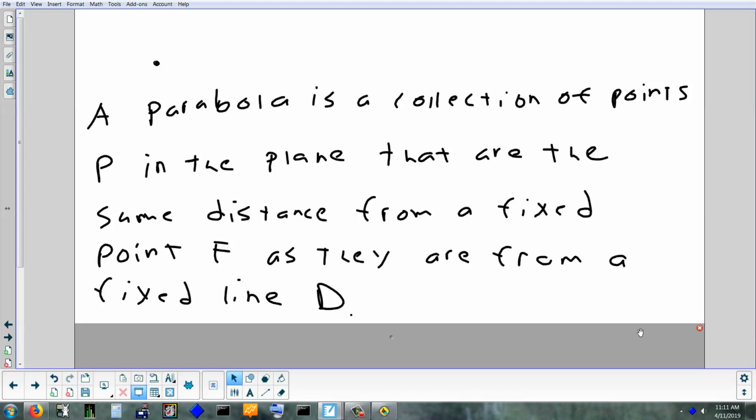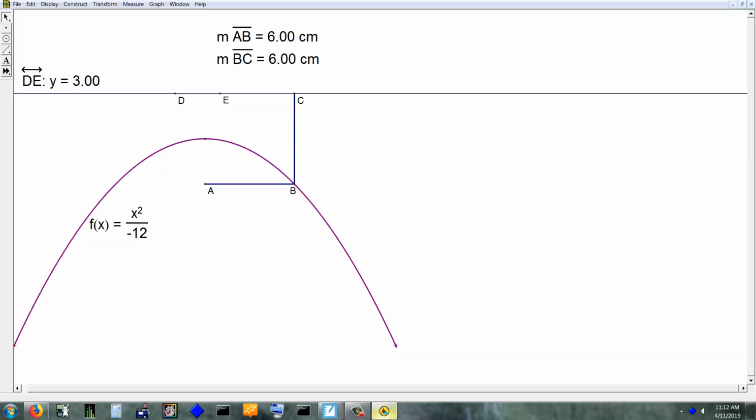Okay. So what that definition is basically saying is that if you put a point on a parabola, okay, pick anywhere you want, pick a spot on a parabola, and measure that distance to a special point called F, which has a name I'll tell you in a second. And then measure the distance from that same point to a special line called D, it always comes out the same.